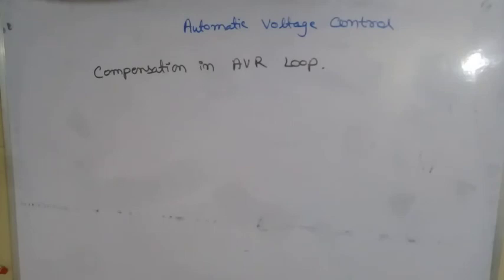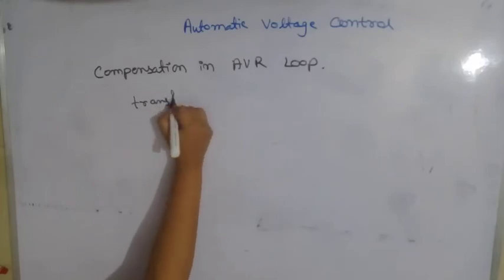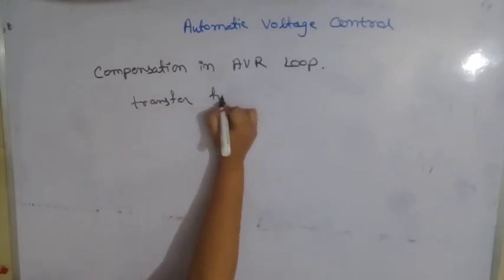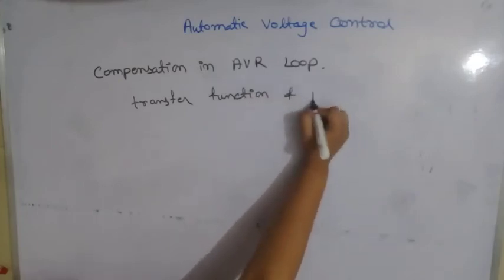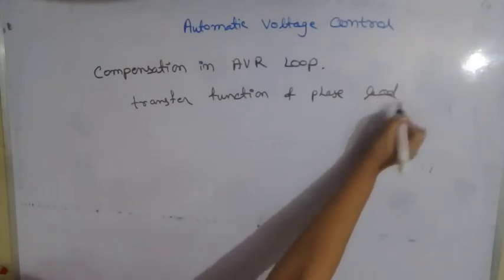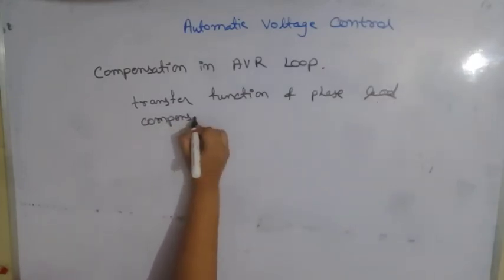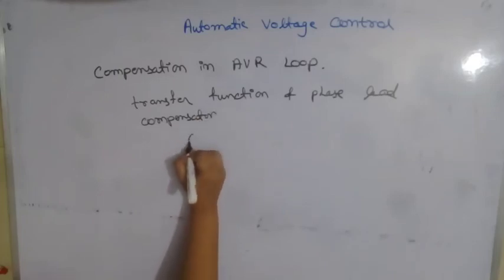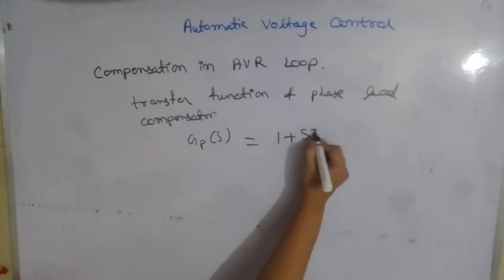So let the transfer function of the phase lead compensator GPS be equal to 1 plus STC.